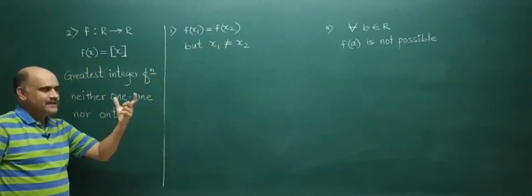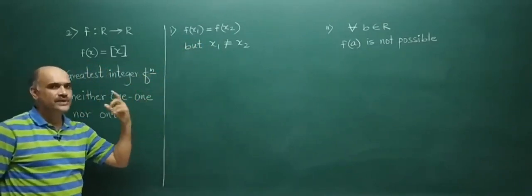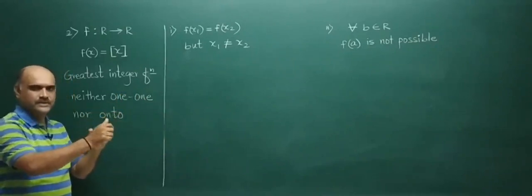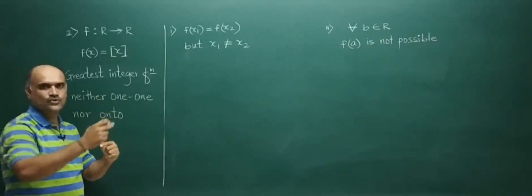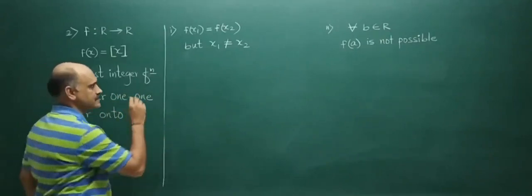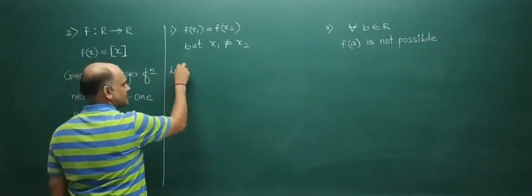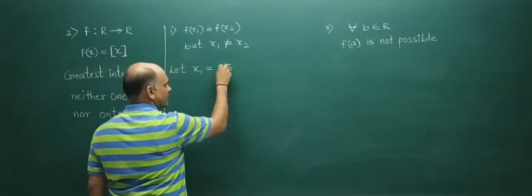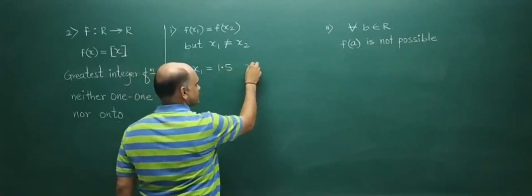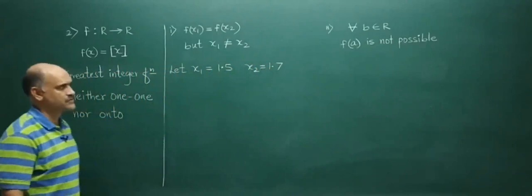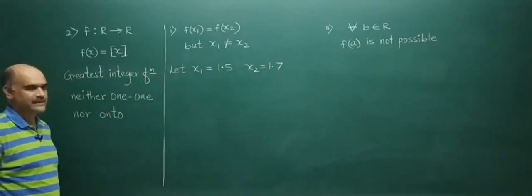Now in between two integers, you take any two numbers, in between 1 and 2, or in between 2 and 3, or in between 5 and 6, like this. So I will take let x1 is equal to 1.5, x2 is equal to 1.7.